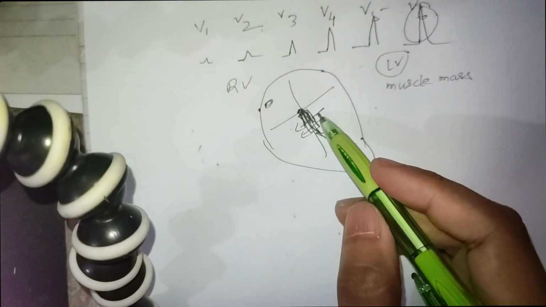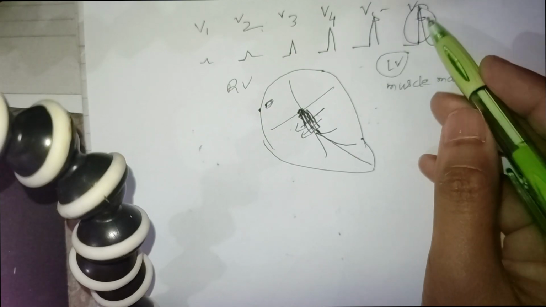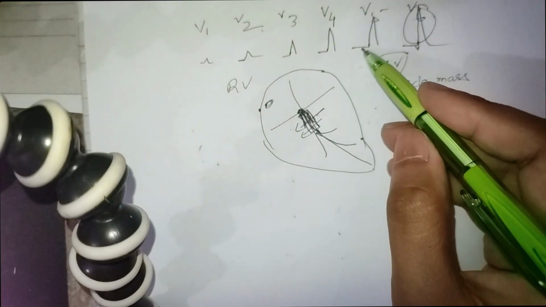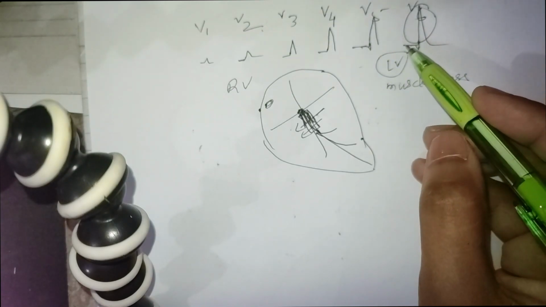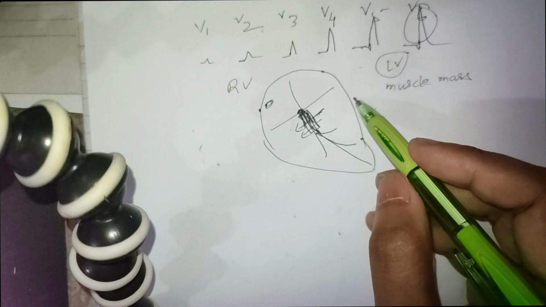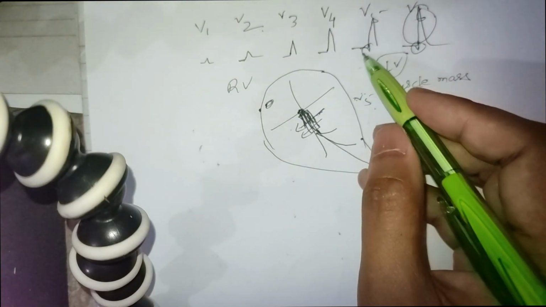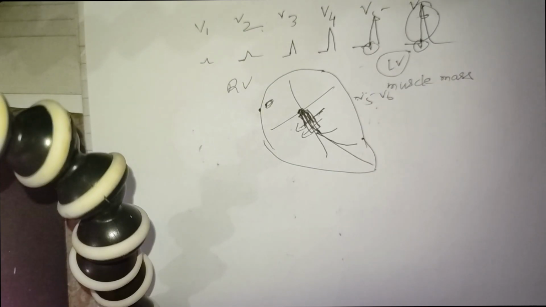That's why you will see a small Q wave before this R wave in left precordial leads, like this. Why? Because current is going from left to right. So in these side leads V5, V6, you will see a small negative blip, that is called a Q wave.